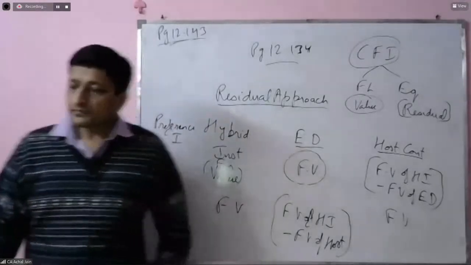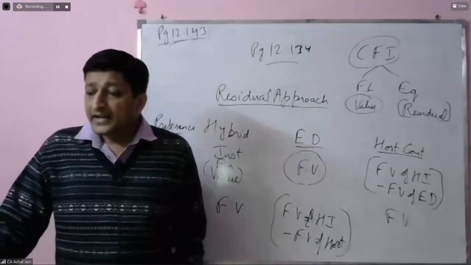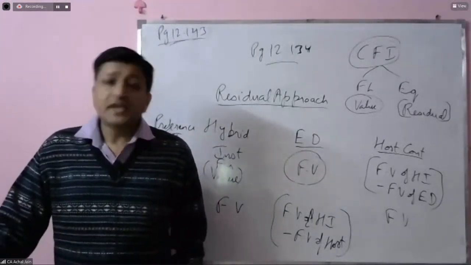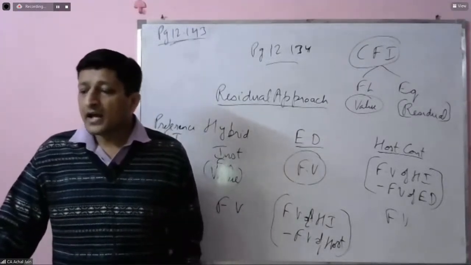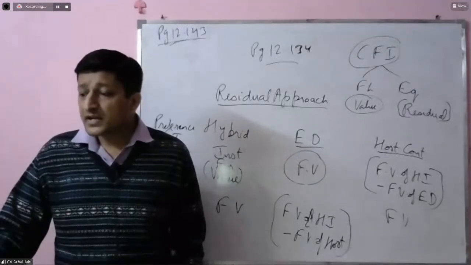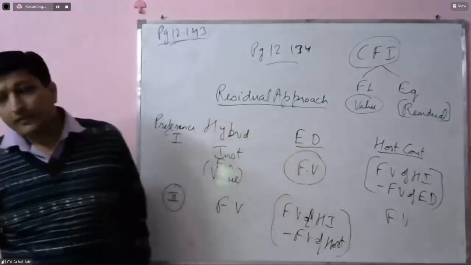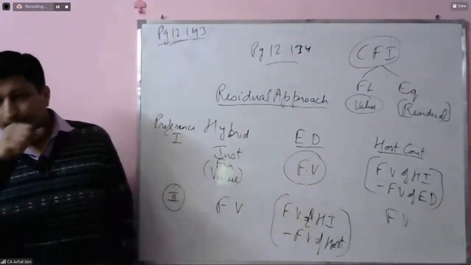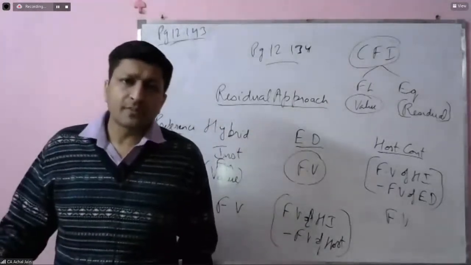Clear? If we say that entity is not able to measure fair value of hybrid contract, then what do we do? Entire hybrid contract is measured at fair value through P&L. That means without separation.